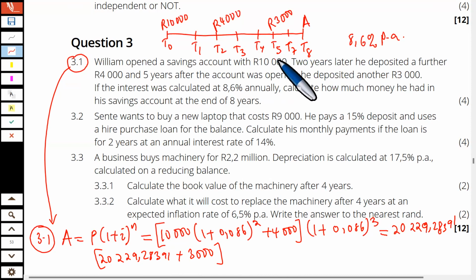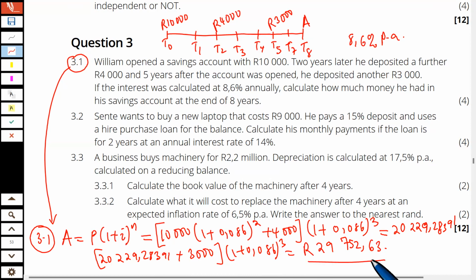8 minus 5 is what? Is exactly 3. So in other words, that was going to be 1 plus 0.086 for 3 years. And if you do this, it means that he's going to have in the account 29,752.63.